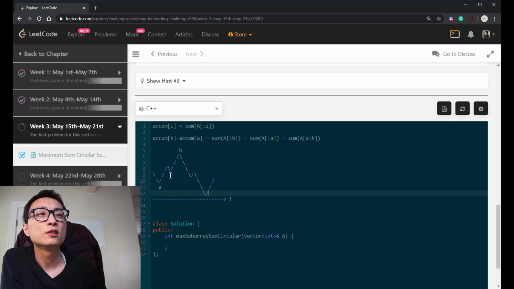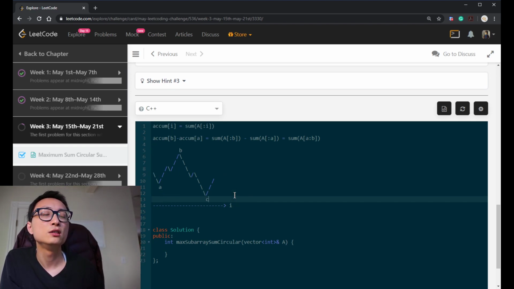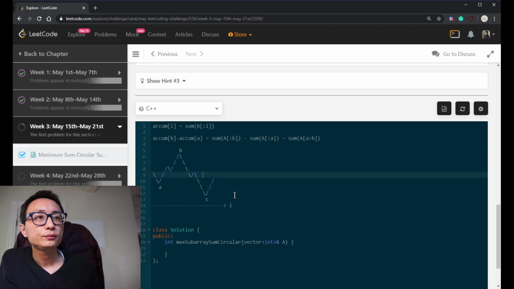So the difference is going to be 1, 2, 3, and going down. So 3 becomes 2, 2 becomes 1, 1, 2, 3, 4, 3, 4, 5, 6, 6. So it's actually higher than considering A to B. Let's call this point C. This is the end, this is the beginning.